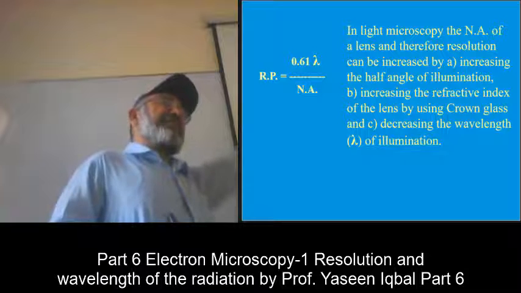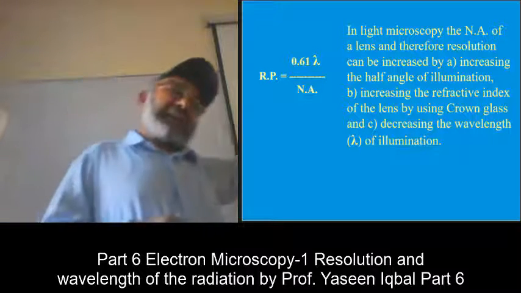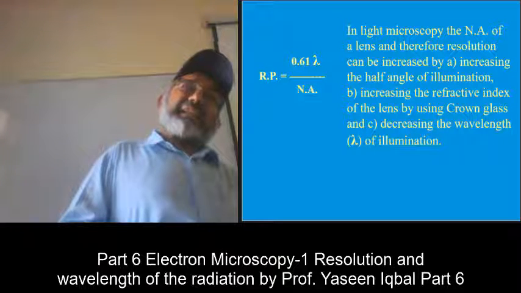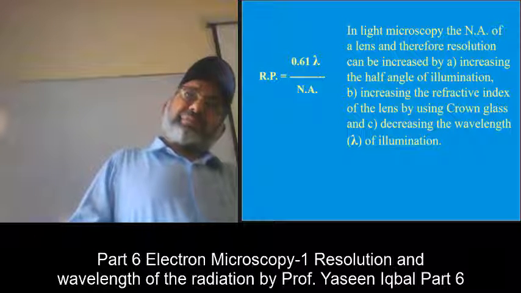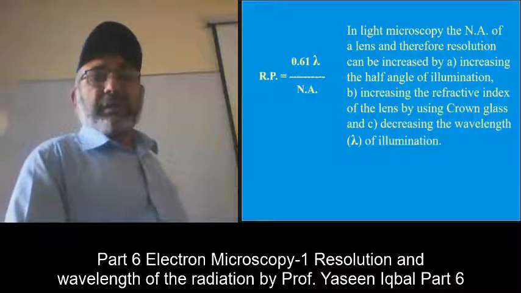So it tells you these three things, right? And NA is basically the product of refractive index and the sine of the angle of illumination, right? So you have these options.